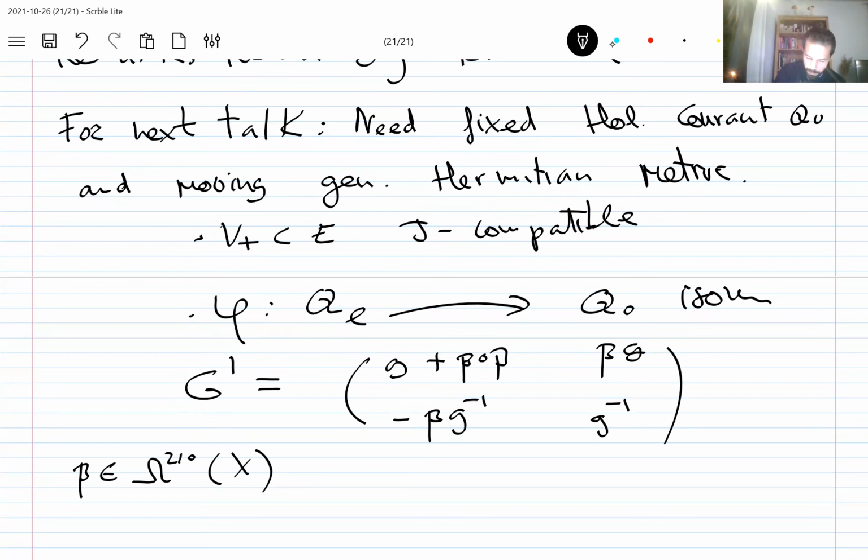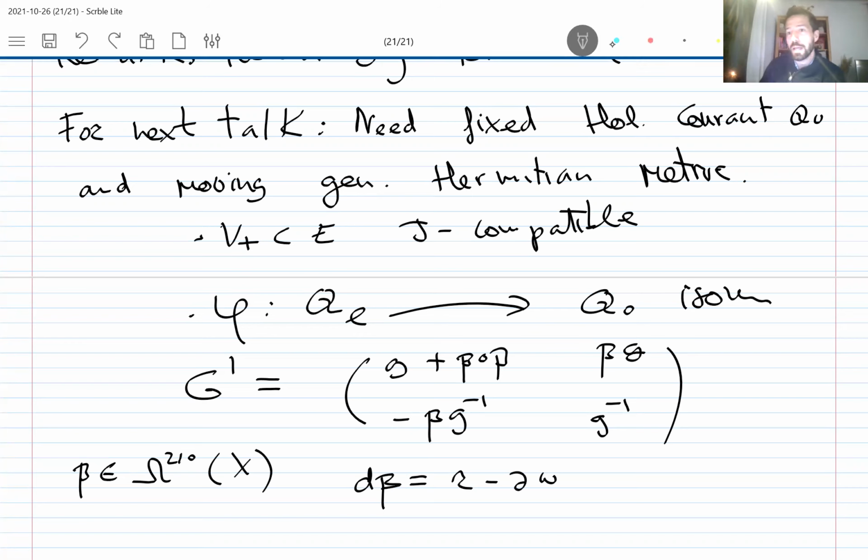More explicitly, d of beta is tau minus partial omega. Okay. And this is the type of metrics that one considers. So essentially, this is the generalized metric I told you about before in QL, and you push it forward via the isomorphism. Okay, Josh will tell you more about this in the next talk.